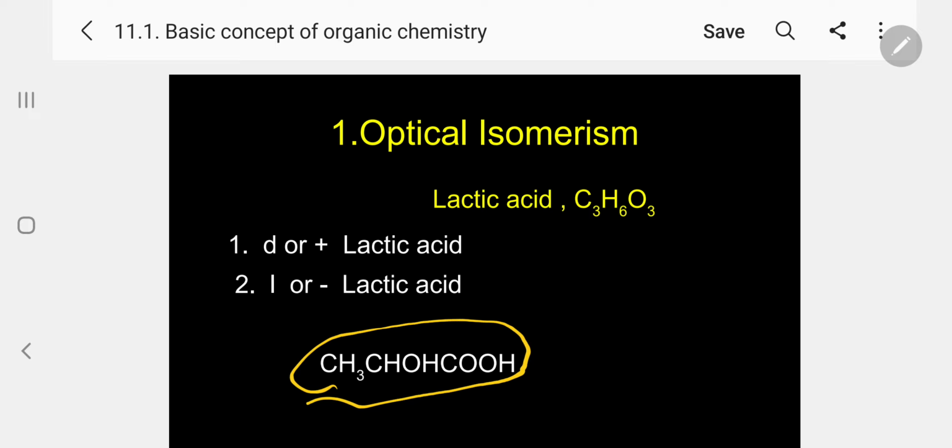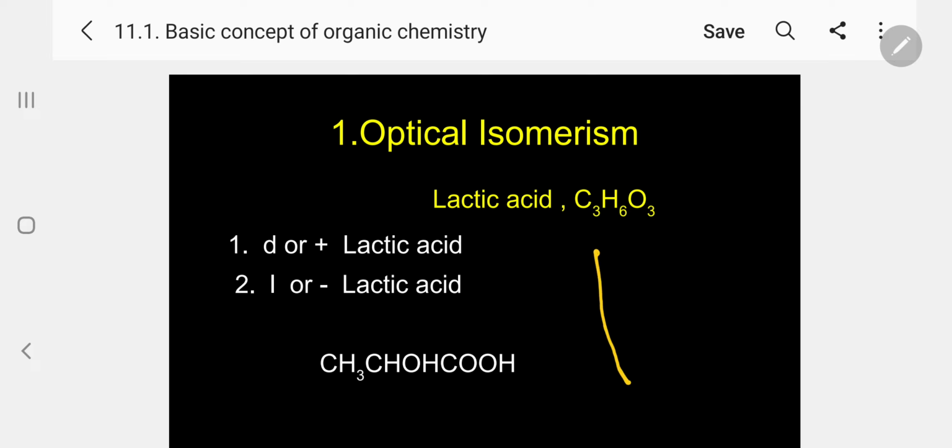CH3CH(OH)COOH, lactic acid, molecular formula C3H6O3. Kindly follow. I can write H, OH, COOH, CH3. Or better, I will write it following the Fischer projection, which is better for you.